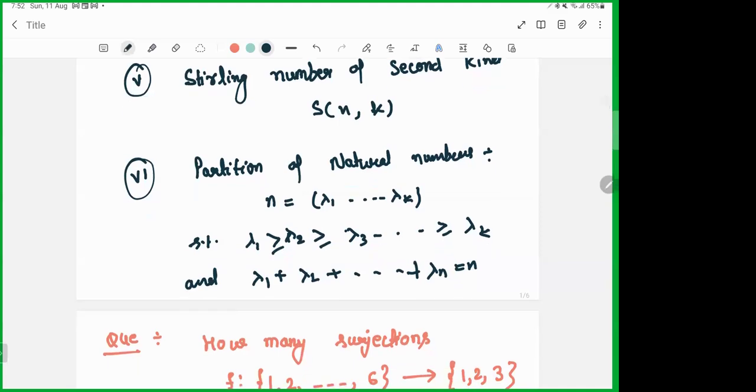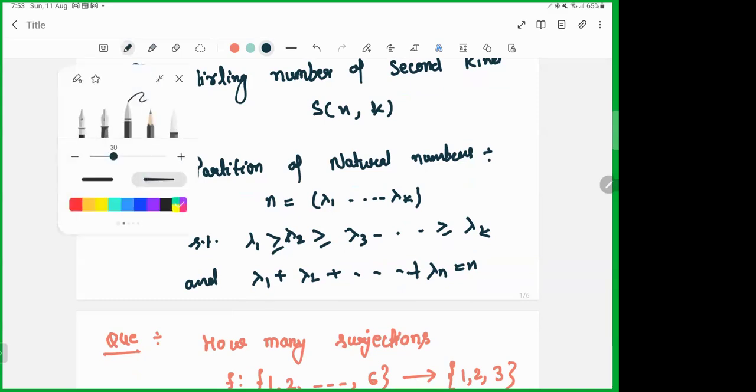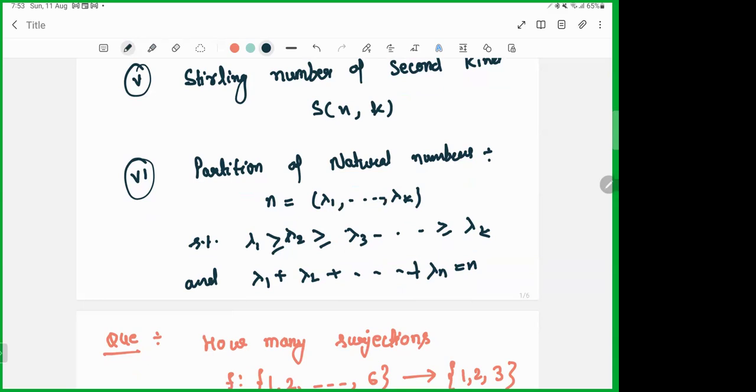Given a natural number n, a partition is a sequence of the form lambda 1, lambda 2, up to lambda k of natural numbers such that lambda 1 is greater than or equal to lambda 2 is greater than or equal to lambda 3, and so on up to lambda k, such that the summation of lambda is n. Don't think of this as a multiplication, since I haven't written a comma here, but this is the convention.